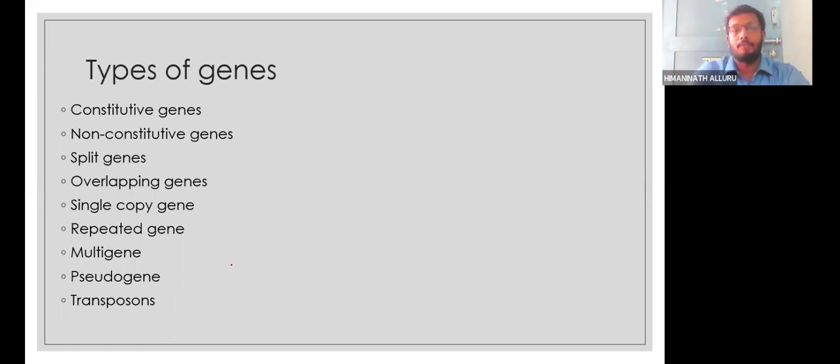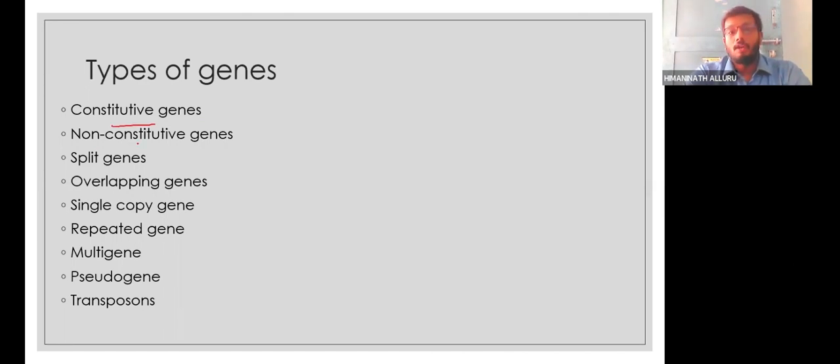So you can see different types of genes. What are constitutive genes and non-constitutive genes? Constitutive genes are those that are expressing in our body, whatever is going to express phenotypically, which is definitely mandatory for our body's normal functioning. So we call them constitutive genes.